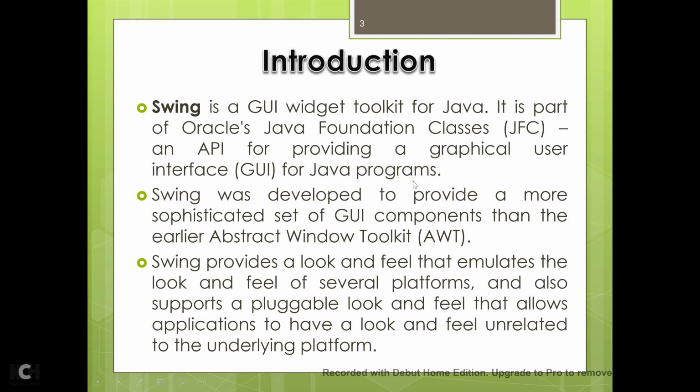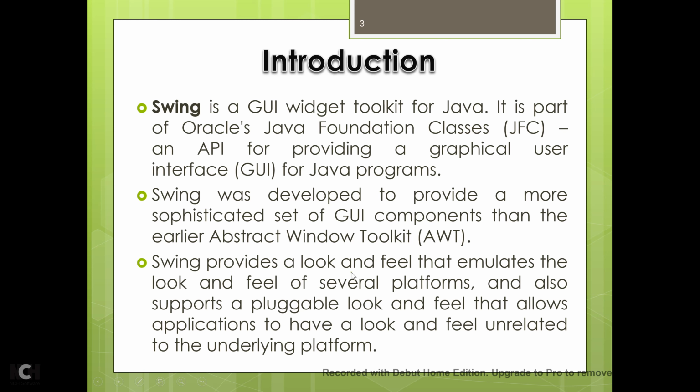Swing was developed to provide a more sophisticated set of GUI components than the earlier Abstract Window Toolkit AWT. So exactly as I just mentioned earlier, the Abstract Window Toolkit AWT was introduced first by Java, and then Java came out later with Swing to provide more sophisticated components. Yeah.